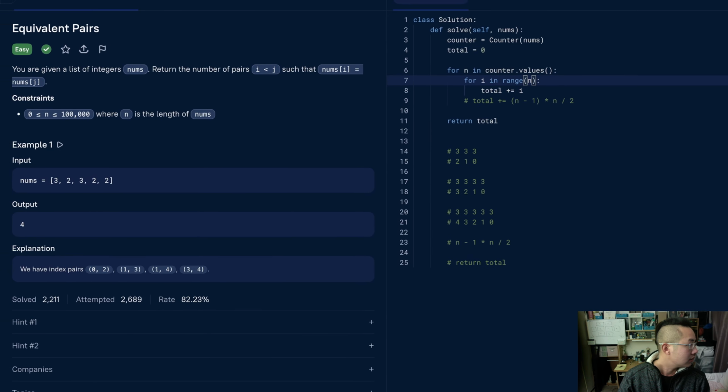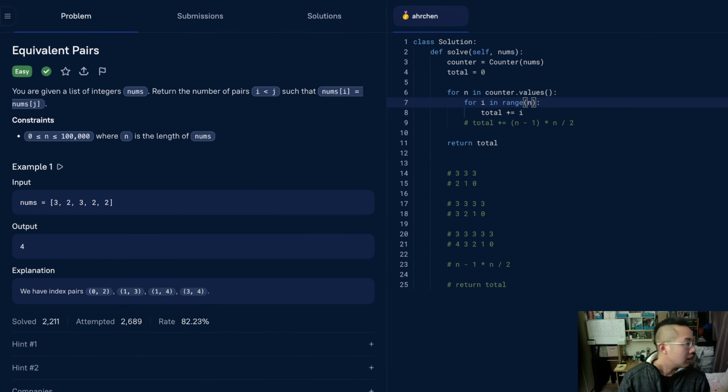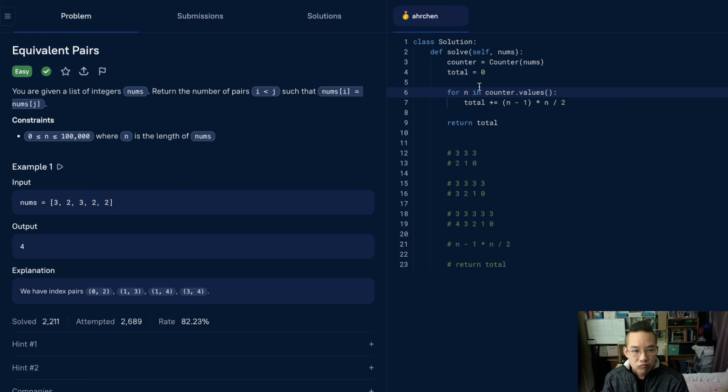So let's see. I'm trying to think about how we can speed this up some more. Is there a method? Maybe it's because of the counter that I am slow. But what if we count up all the similar numbers? Would that be the same?